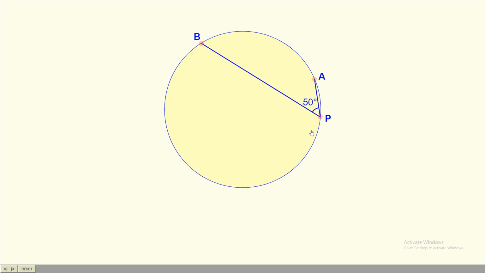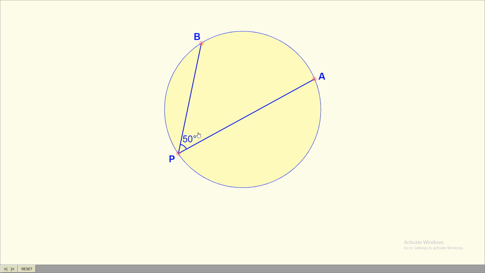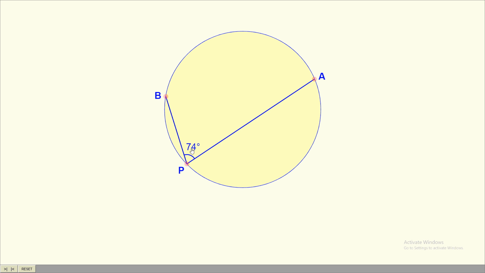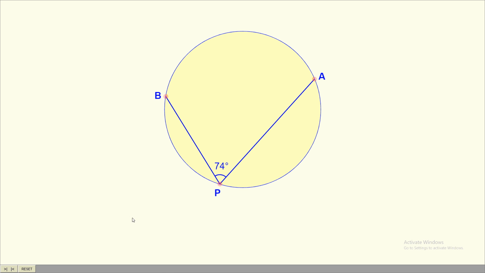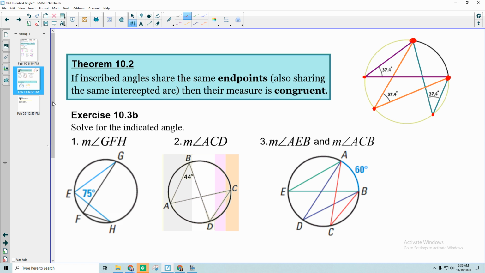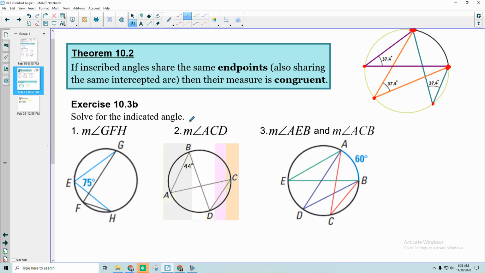But as long as it's below B and A, then it's not going to change. And of course I can move the endpoints as I want to, and below that it would continue to remain the same. So with that idea, again, pause the video and see if you can find the answer to the following problems.